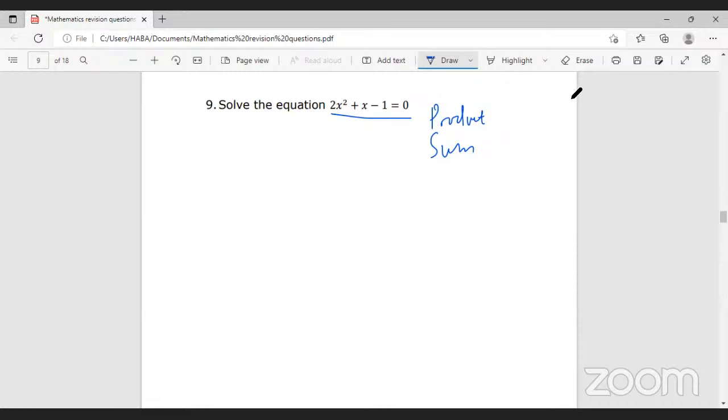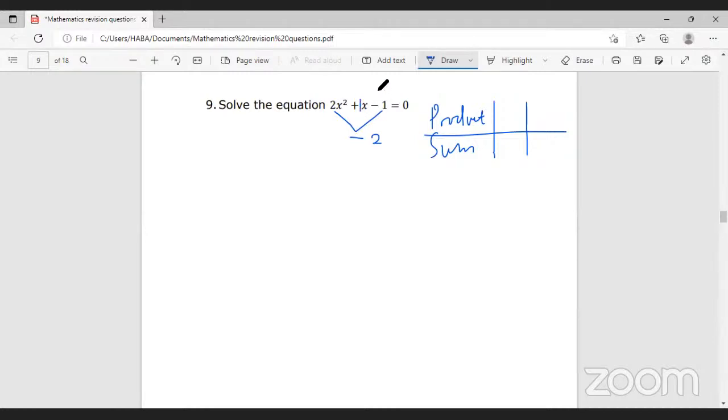Now what we are going to do, we are going to first multiply 2 and negative 1. 2 times negative 1? It is negative 2. So we are going to get two numbers that when we multiply them, they give us negative 2, and when we add them, they give us a 1.